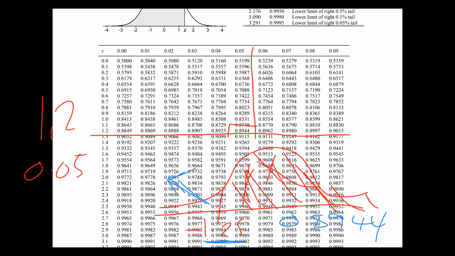We get the same answer. 1 minus 0.8944 is 0.1056.